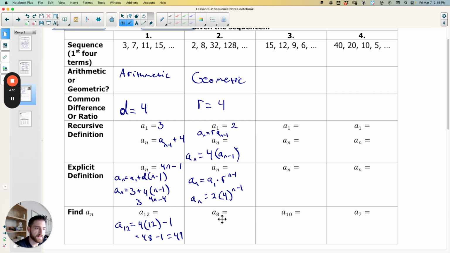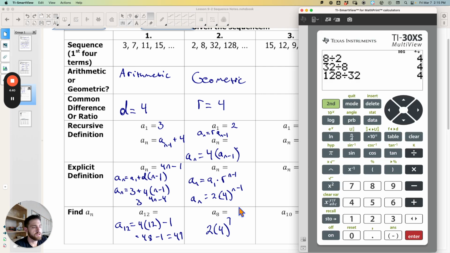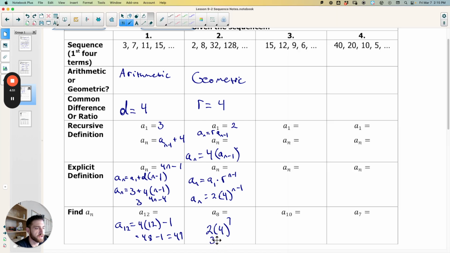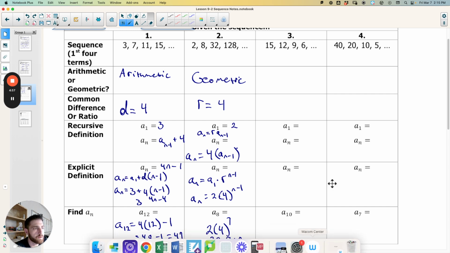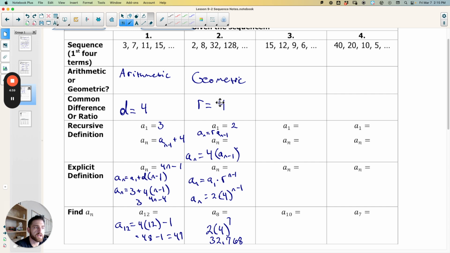So if I wanted to find the 8th term, I would just plug in 8. So that would be 2 times 4 raised to the 7th, because 8 minus 1 is 7. And then you can get your calculator out and do some calculations. So 4 raised to the 7th, and then times 2 because of that 2 in front, and that's 32,768.